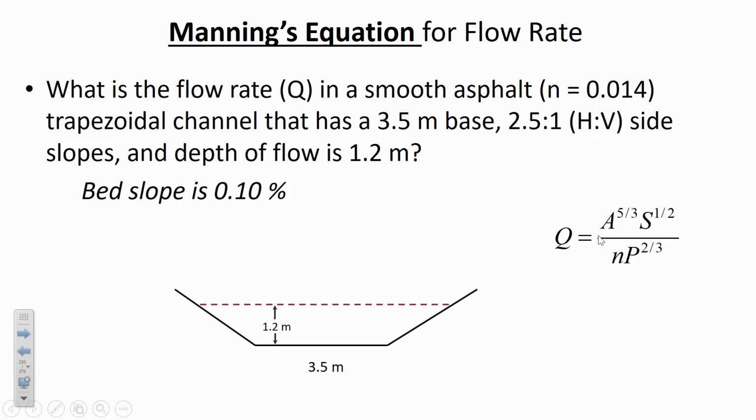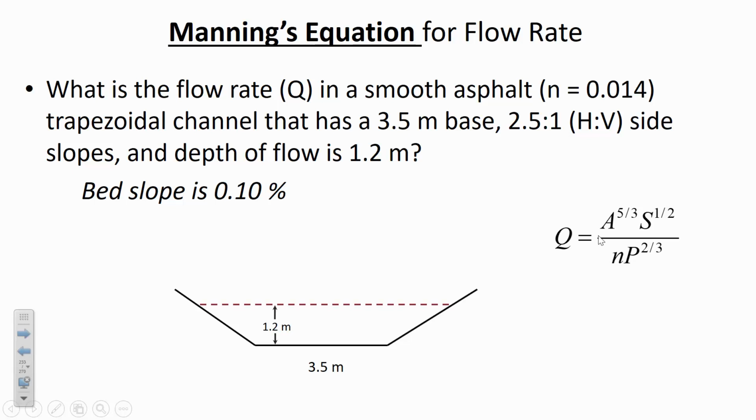With 1 to 2.5 side slopes, for every vertical unit, the top width of the side triangle on either side is 2.5. So if this is 1.2, then the sides are going to be 3 meters each.